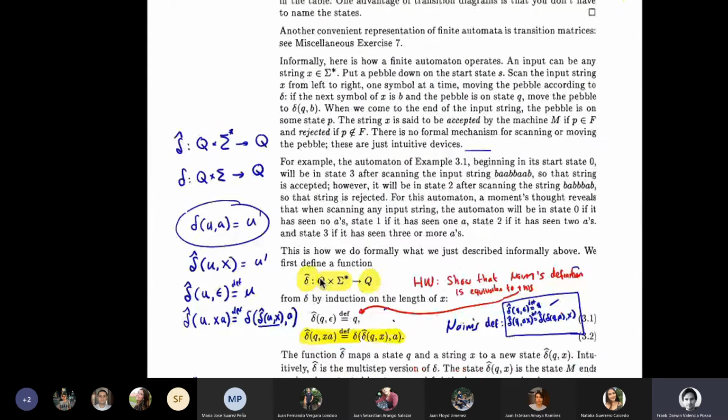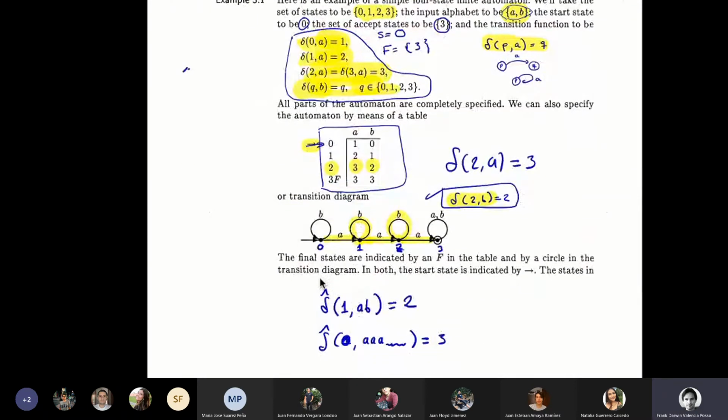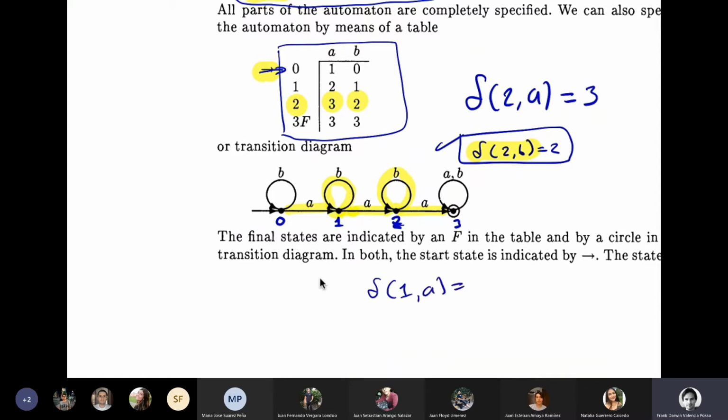Now we want to do something a little bit more complicated, but I'm sure you can do it. So here you understood that delta of, for example, 1, A gives me a 2, right?